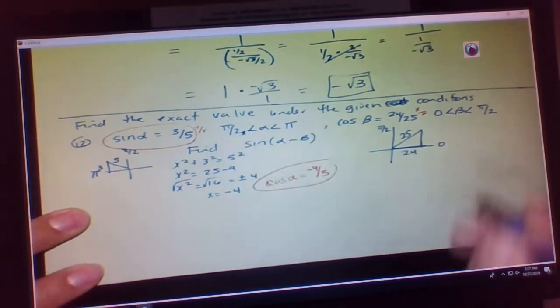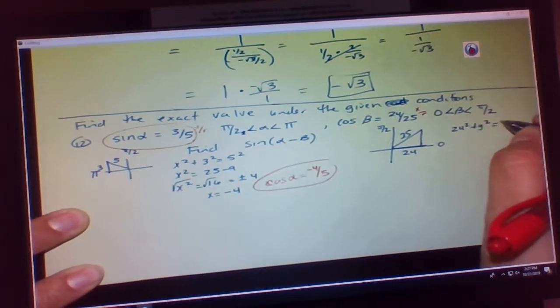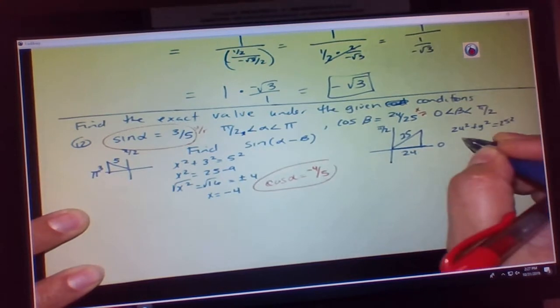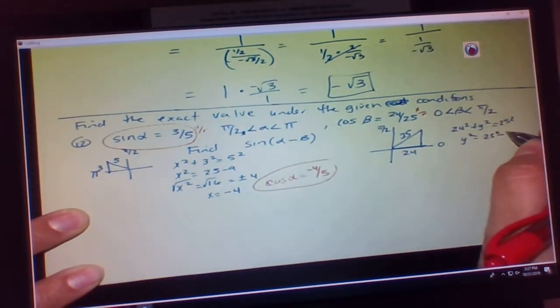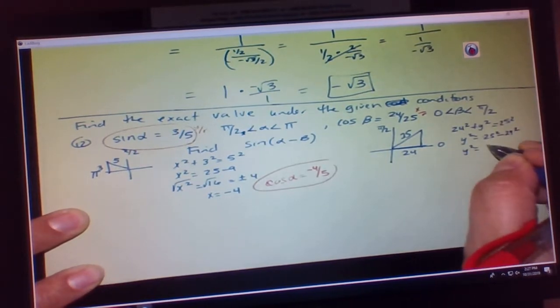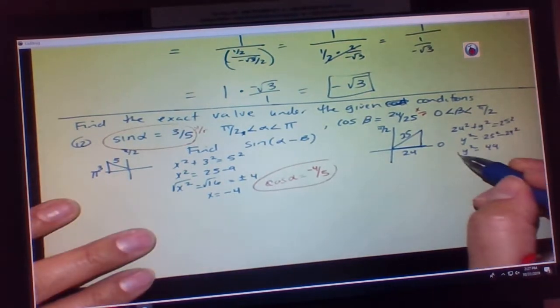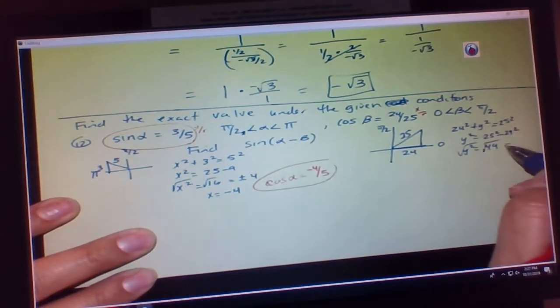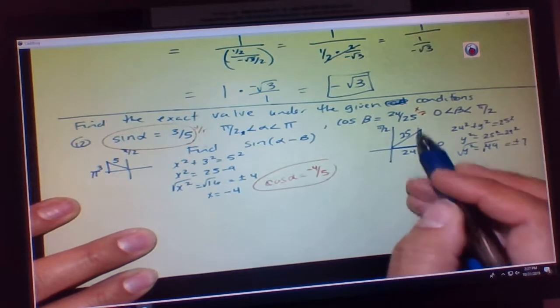So I have 24 squared plus y squared equals 25 squared. Y squared is 25 squared minus 24 squared. Y squared is 49, if you plug it in, and the square root of 49 is plus or minus 7. But because of where I'm at, is your y going to be positive or negative here?